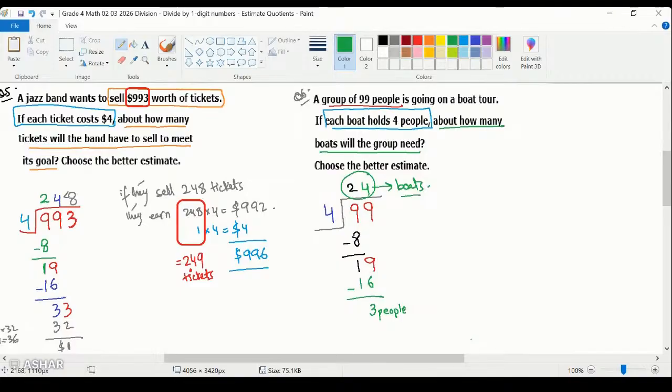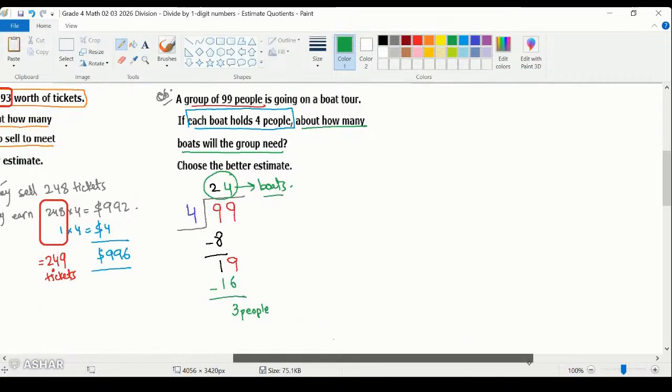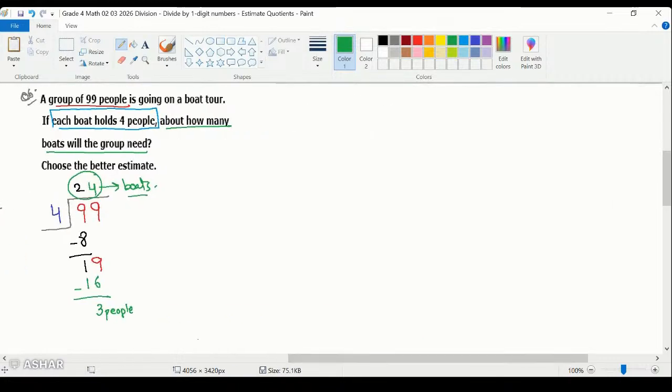And okay, so how many boats were used? Let's look at this. If 24 boats had 4 people each, how many people were accommodated on boats?